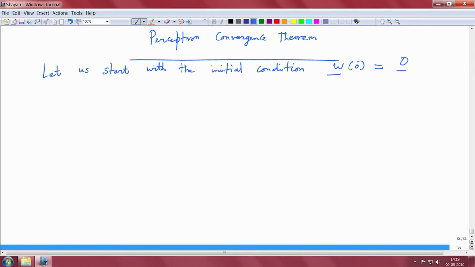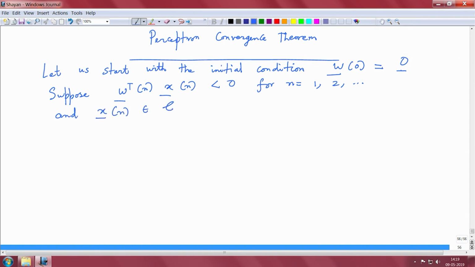Now, here is what we have. Suppose W transpose n xn is less than 0 for n equals 1 to dot dot dot and xn belongs to class C1. Right, if it belonged to class C1, this inner product had to be greater than 0, right.